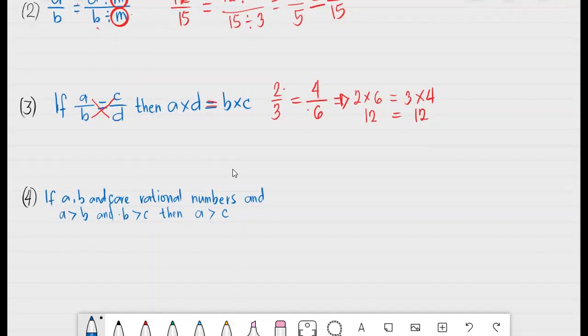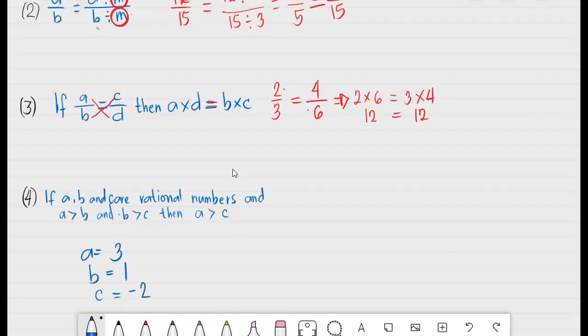Let's say a is 3, and a should be more than b, right? b is 1, and c should be less than b, so let's say -2, like that.